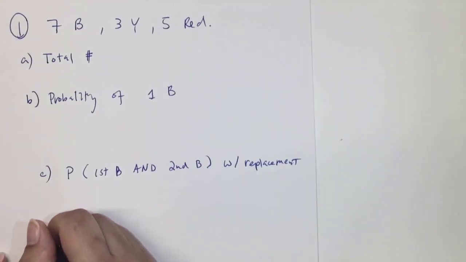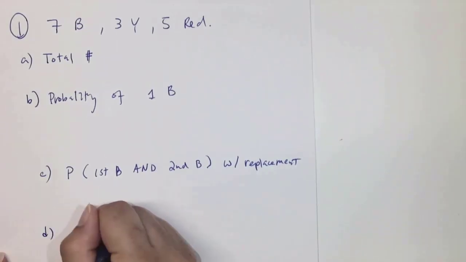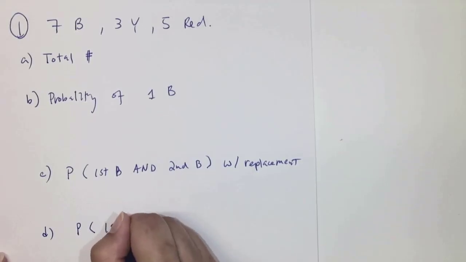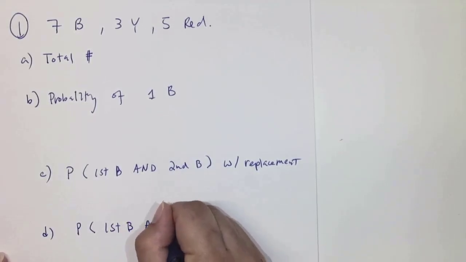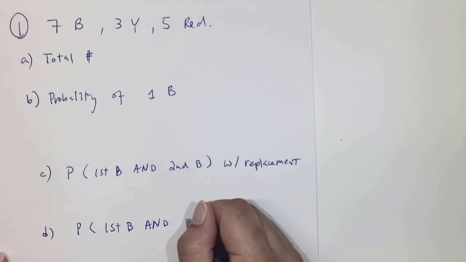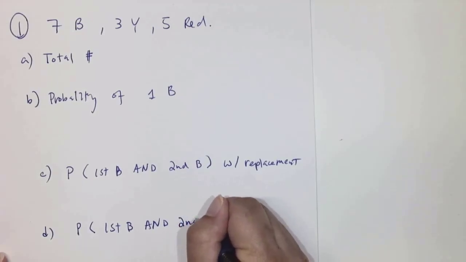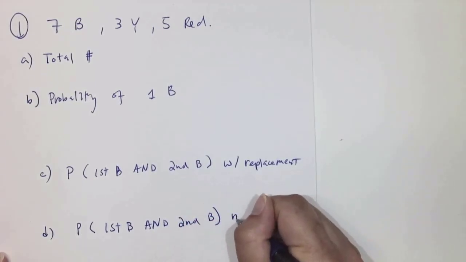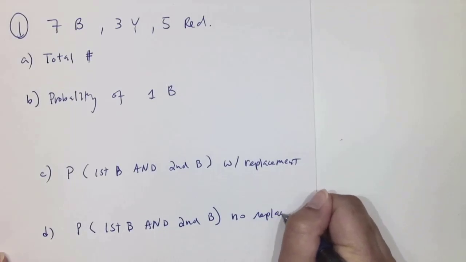This one, D: probability of first blue and second blue, no replacement.